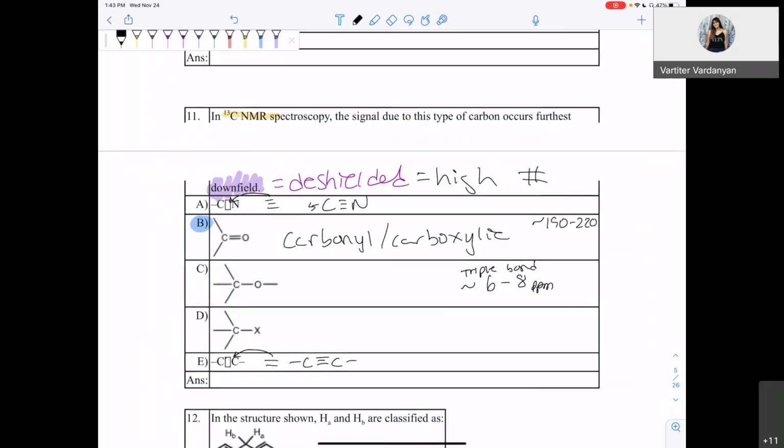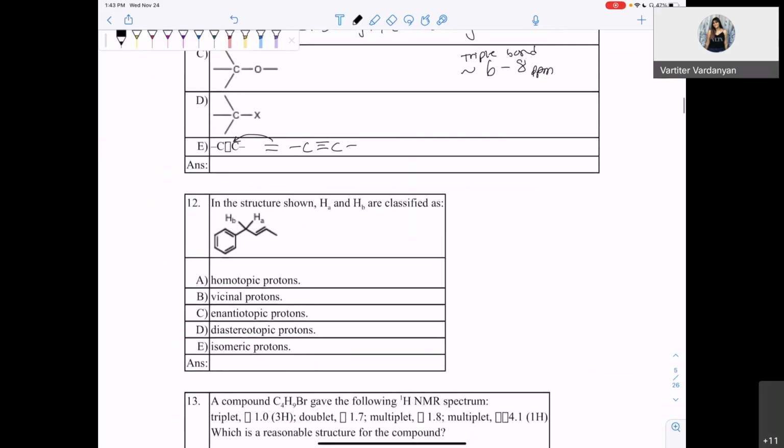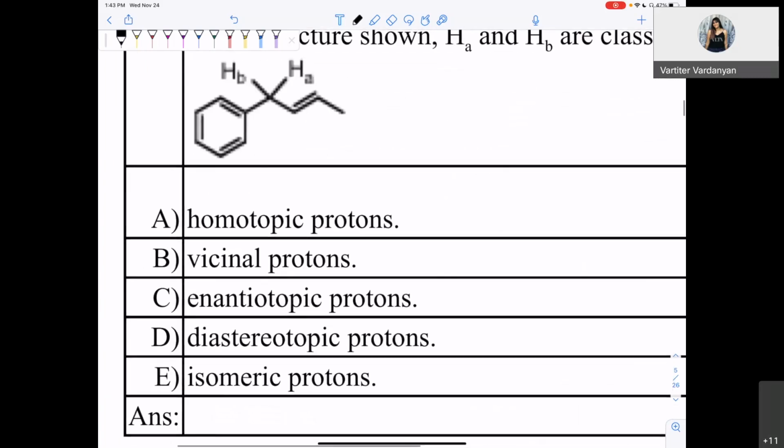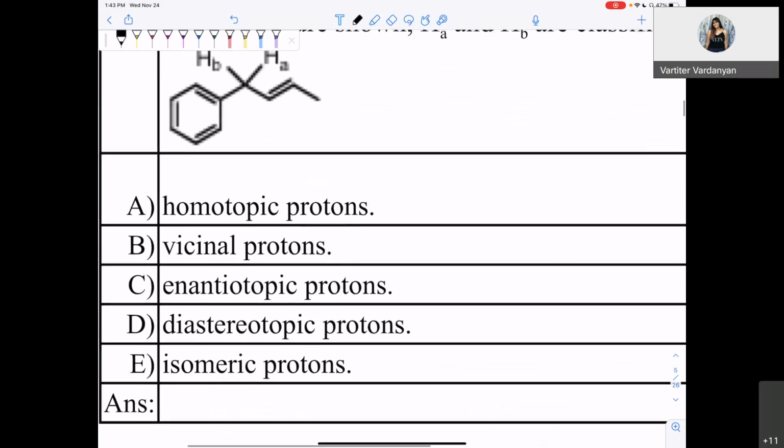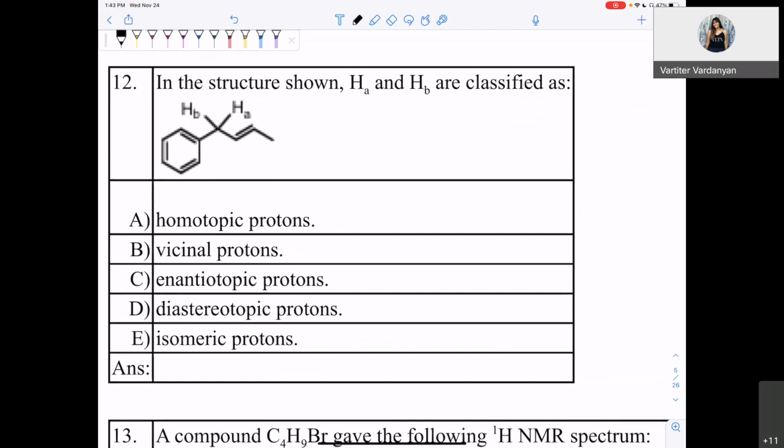All right. Lightning round. What do we think of this? Enantiotopic. Cool, because we don't have any chiral centers present. Awesome.